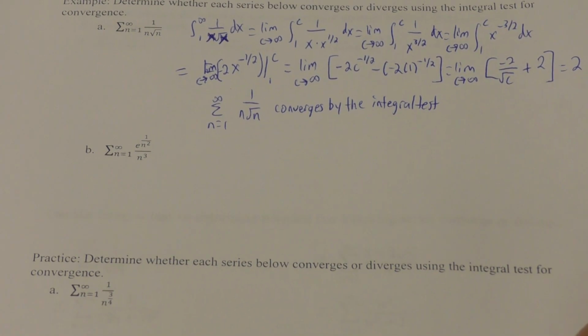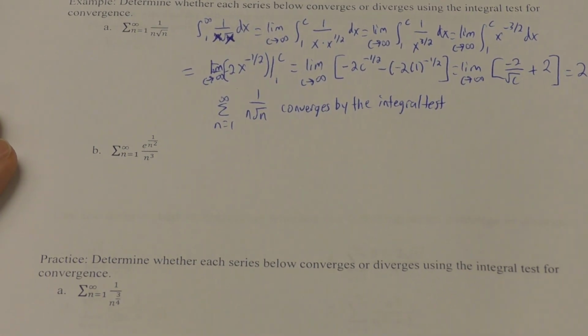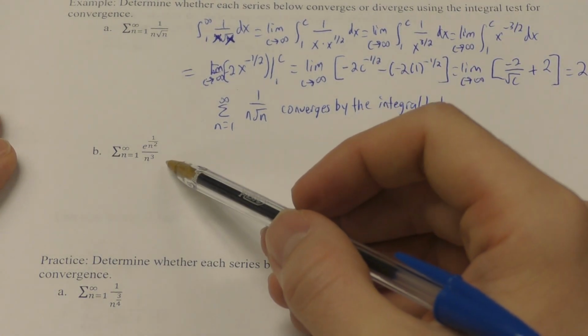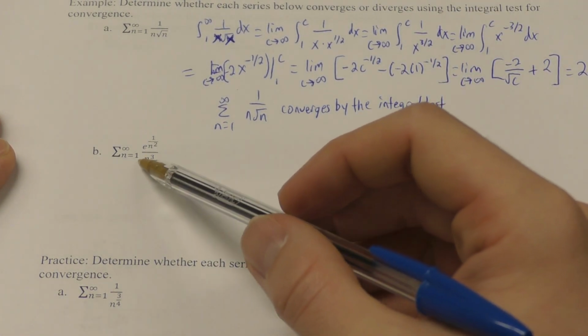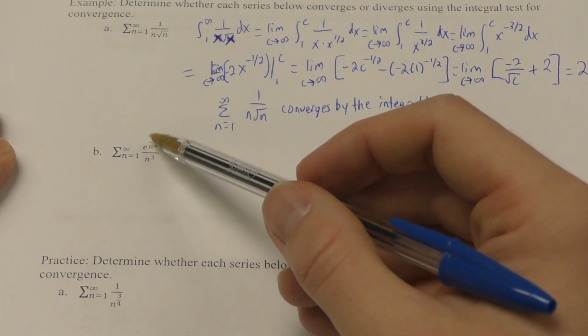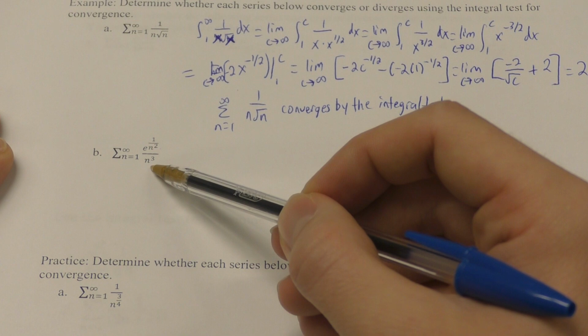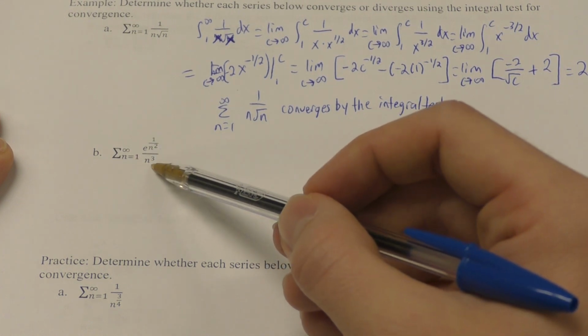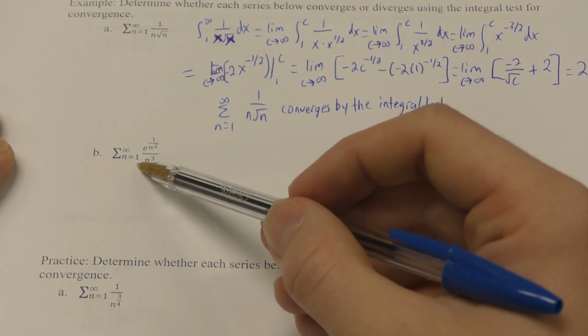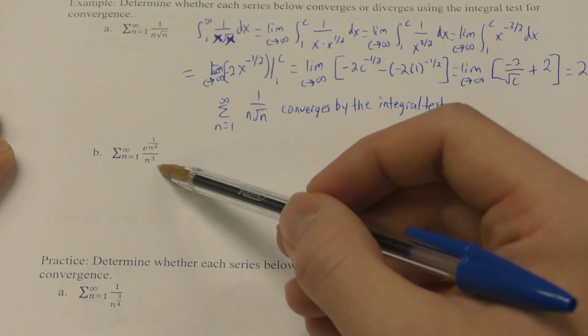One more example, y'all. Doing great. Here we go. All right. This one's a little strange. The series is from 1 to infinity of e to the 1 over n squared, all over n cubed. Now as n increases, yes, it'll stay positive. Yes, it'll be continuous if n is 1 or bigger.